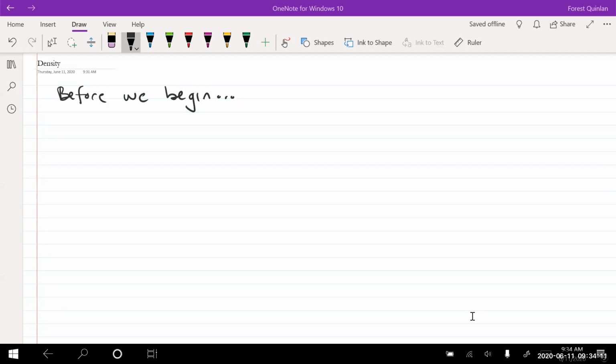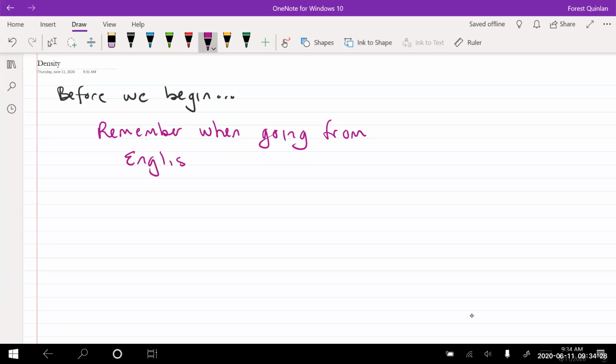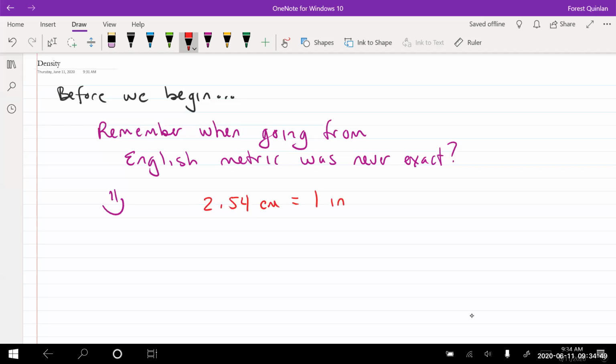So remember when going from English to metric was never exact? Well, let me put this in a different color. 2.54 centimeters is equal to 1 inch.